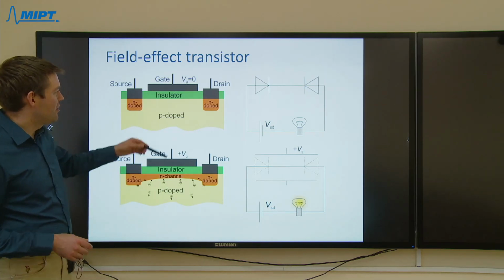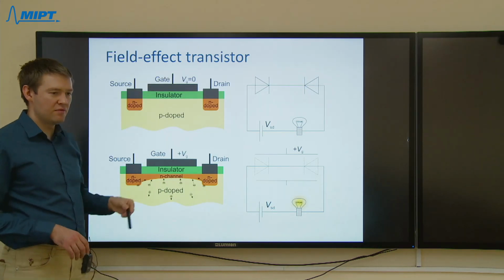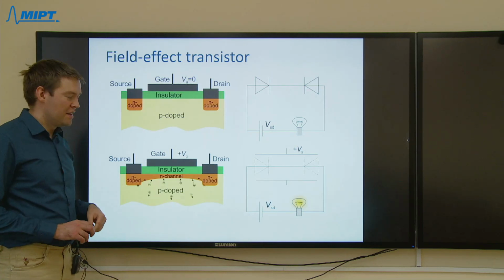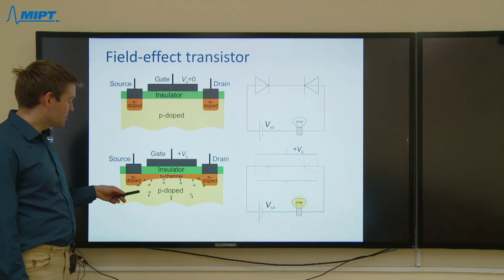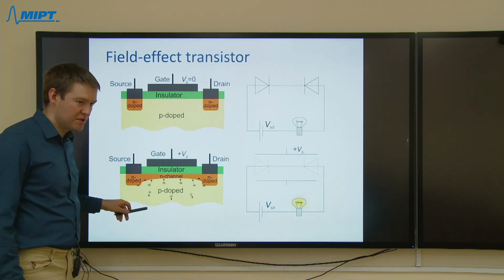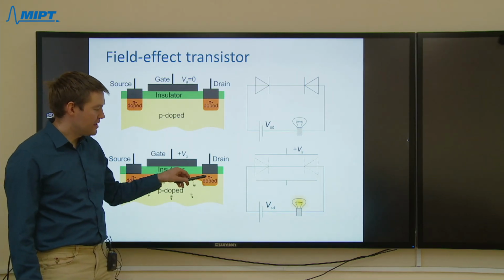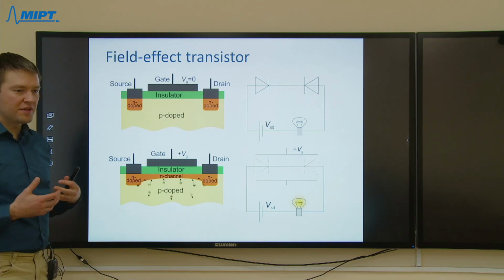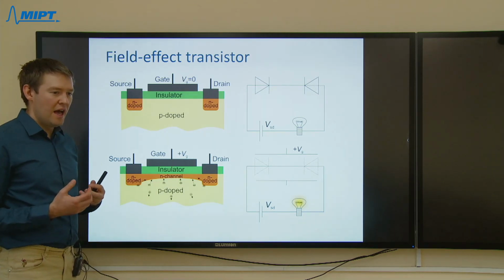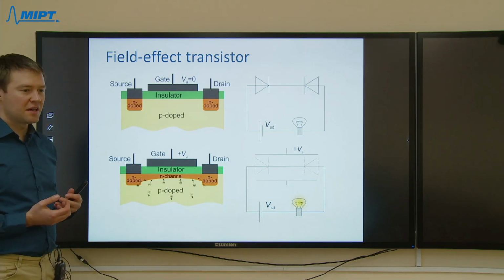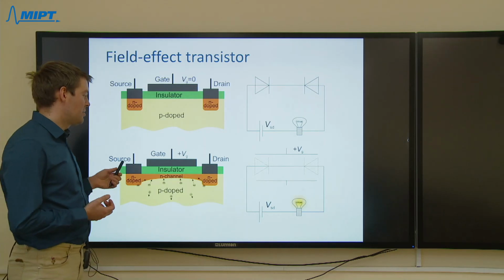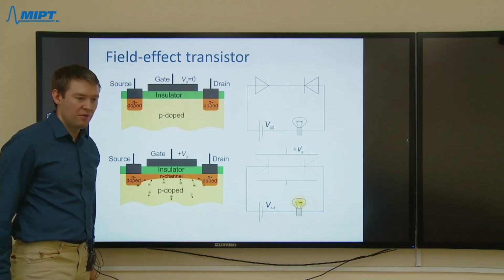But when we apply positive voltage to the gate in this structure, the electrons from everywhere, deep from the substrate, from doped contacts, from metal contacts, flow toward the insulating layer, and they form the so-called N channel. Now the PN junctions are kind of erased, and the current can flow freely through this structure.